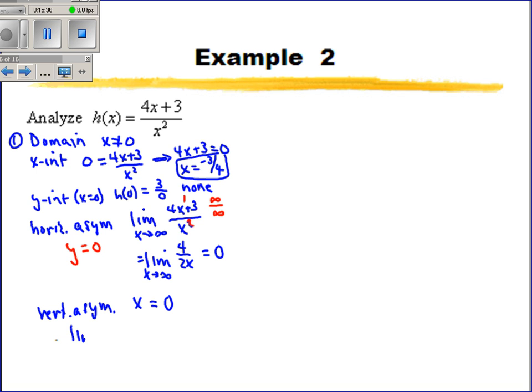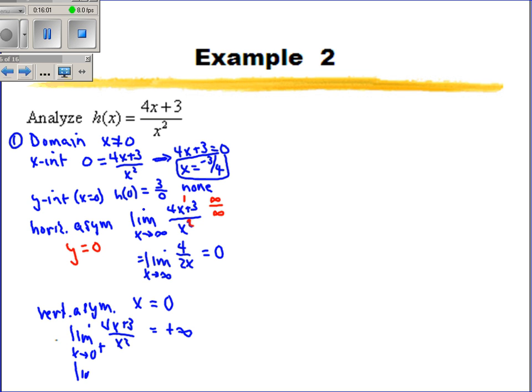So let's look at the limit of 4x plus 3 over x squared as x approaches 0 from the right side. We know it's infinity or minus infinity, because you would get 3 over 0, which is one of those cases where you have a vertical asymptote. If you plugged in something a little bigger than 0, like 1, we would have a positive number on top and on bottom, so this limit's actually going to go toward positive infinity.